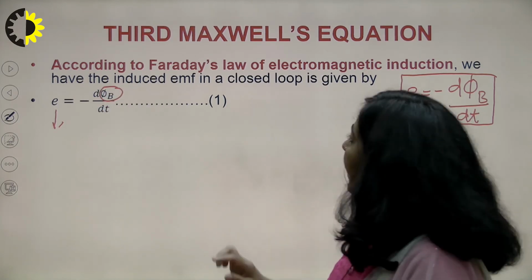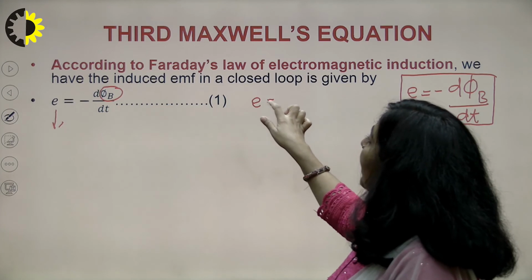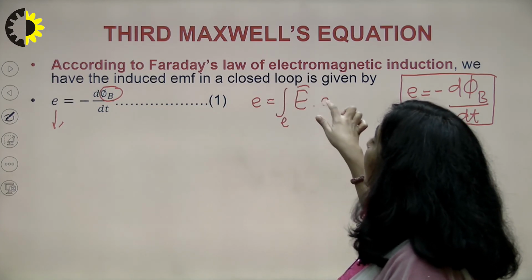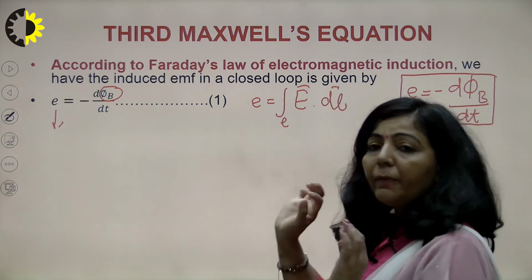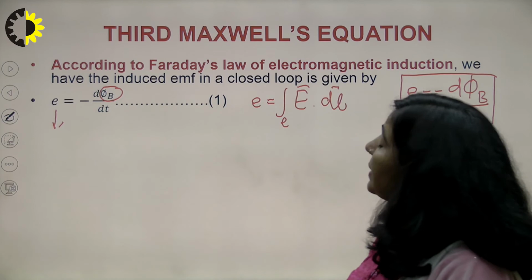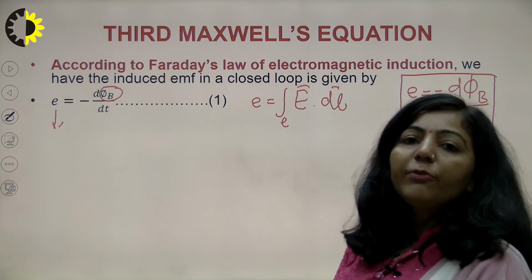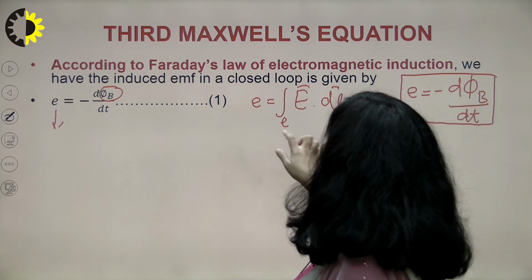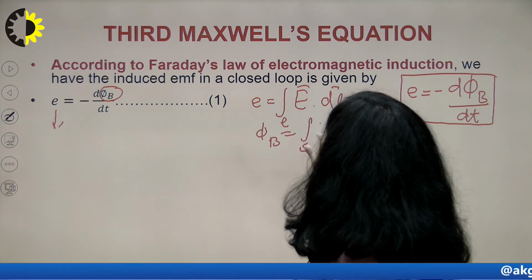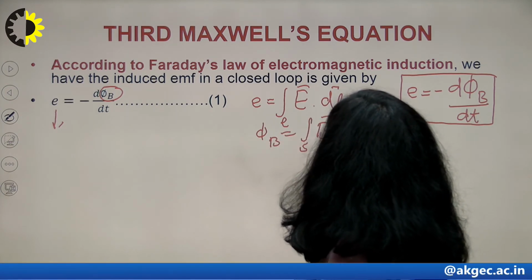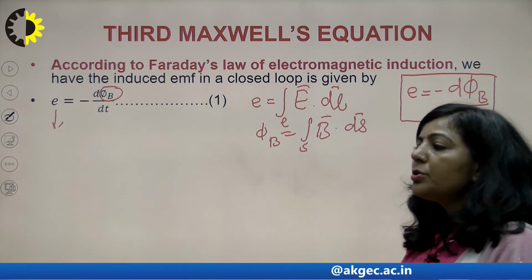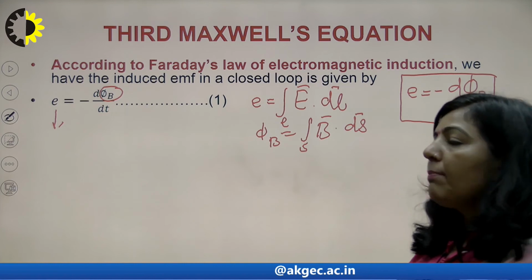You know that EMF in integral form can be written as the line integral of E. You can always represent EMF or potential difference as the line integral of E. Whereas you also know that magnetic flux is always equal to the surface integral of B. So you know the integral form of EMF, as well as the integral form of magnetic flux.